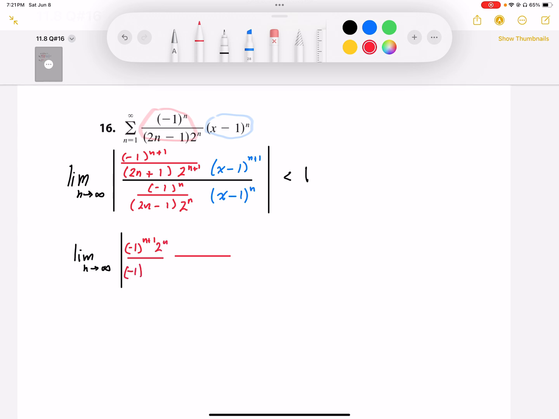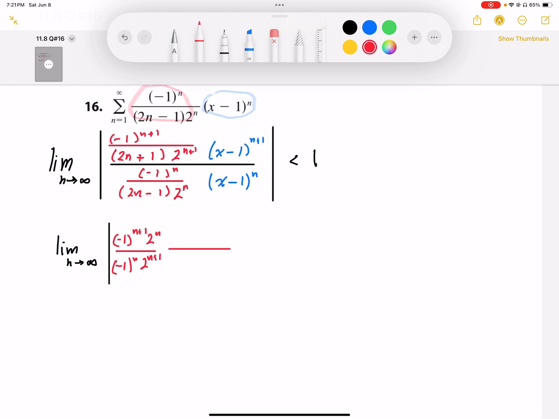The negative 1 to the n goes with that 2n in the denominator, and the 2n plus 1 goes with the n plus 1 in the denominator. I'm also going to split up the 2n minus 1 and the 2n plus 1 and group those together.